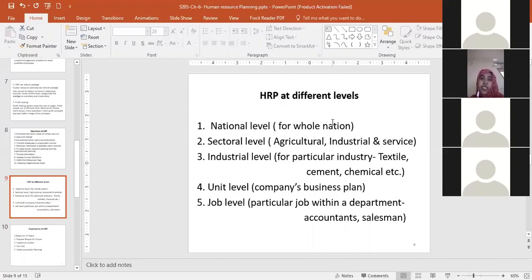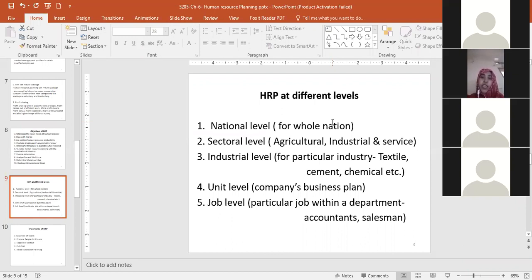Three, industrial level, for a particular industry: textile, cement, chemical, etc. Four, unit level, according to the company's business plan. Five, job level, particular jobs within a different department, accountants and salesmen.